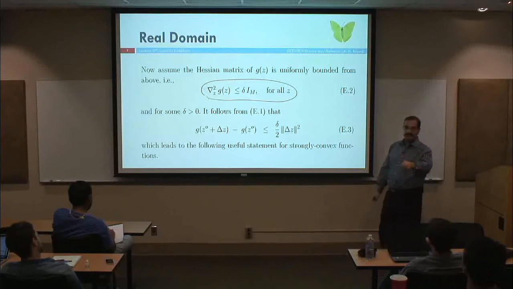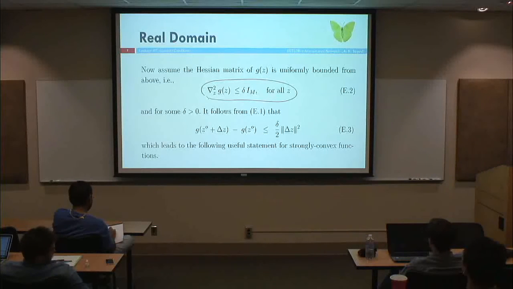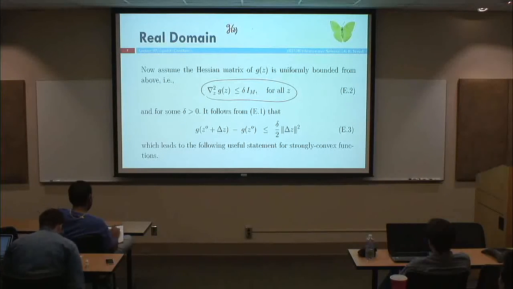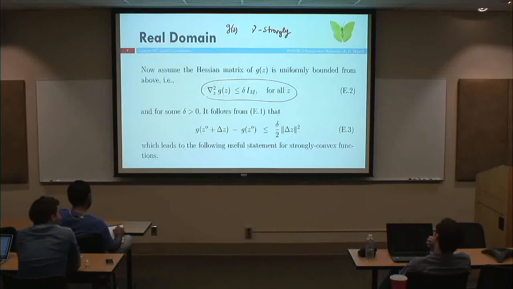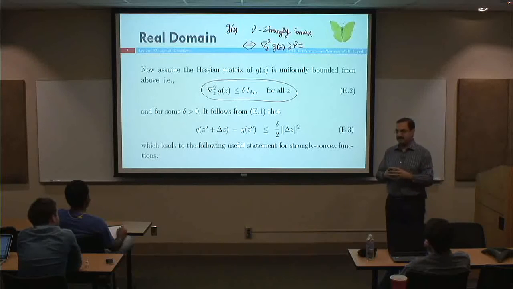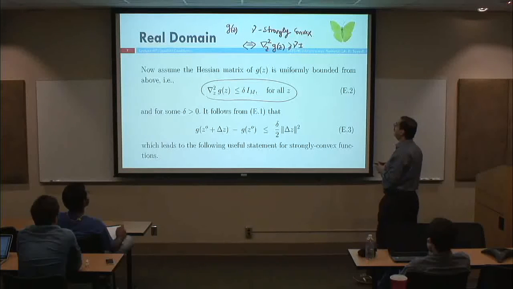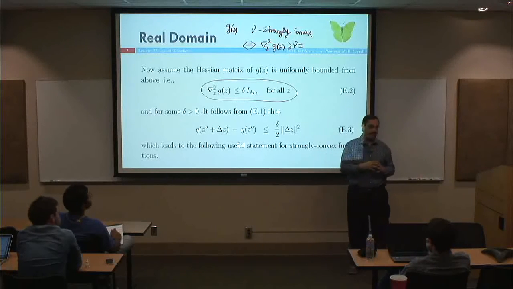If you remember when I defined strongly convex functions, if g of z is nu strongly convex, I showed in a previous lecture that this is equivalent to saying that the Hessian of that function is lower bounded by nu I. That was an equivalent condition for strong convexity. The Hessian matrix of the function, no matter what z is, will always be lower bounded by nu I. Let's assume that it is upper bounded as well from above.